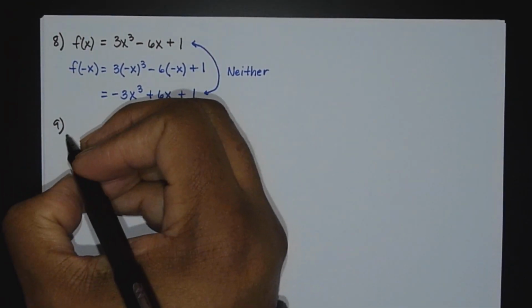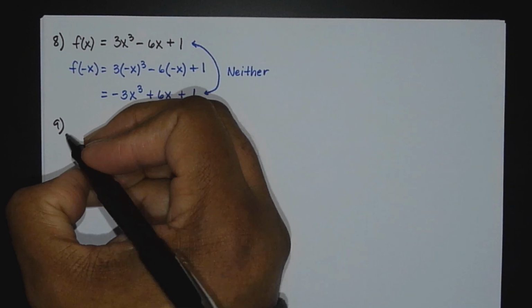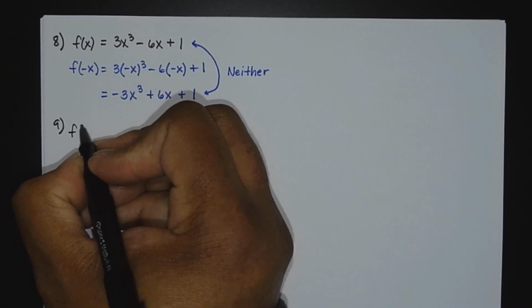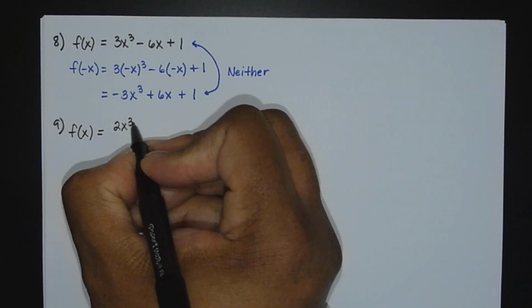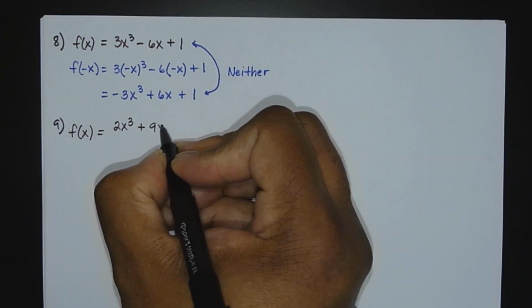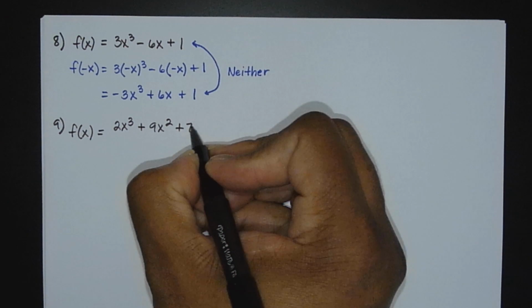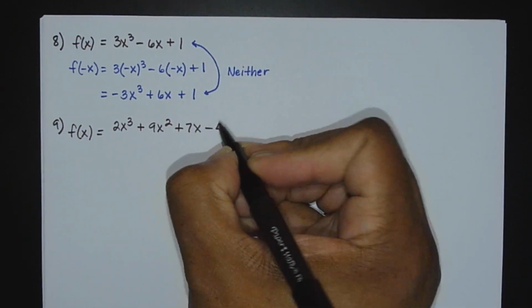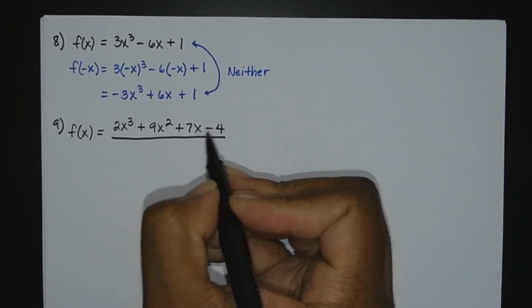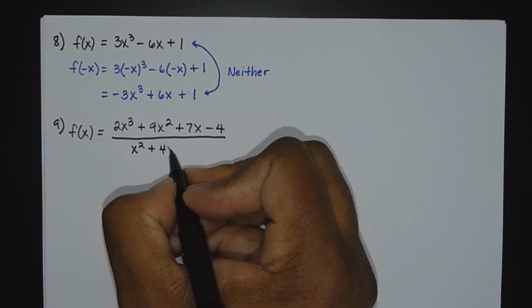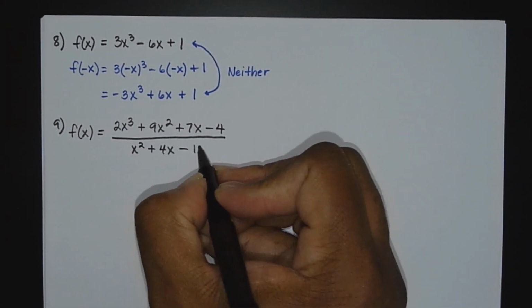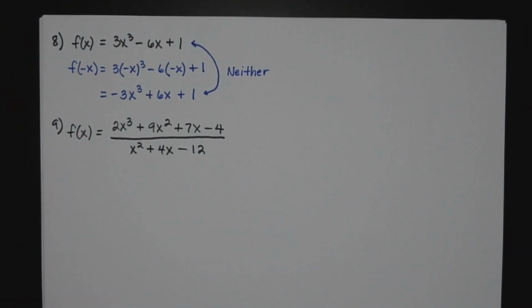All right, number 9. Here we're going to find the domain of the function f of x equals 2x cubed plus 9x squared plus 7x minus 4, all divided by x squared plus 4x minus 12.